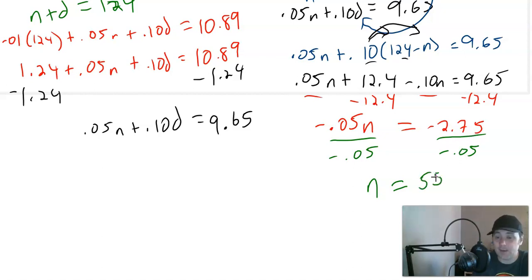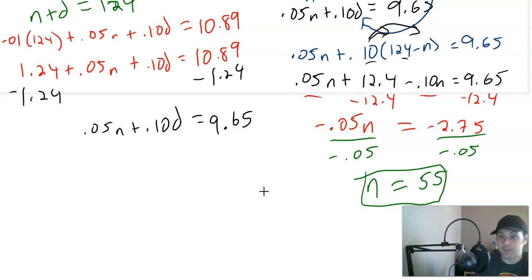I think you should get 55 here. Now, the way I'm figuring that out is I'm thinking this is like a nickel, right? 0.05. And if I had $2.75 in nickels, it takes 20 nickels to make $1. So it takes 40 nickels to make $2, and then another 15 nickels to make 75 cents. So 55 is how I got that answer.